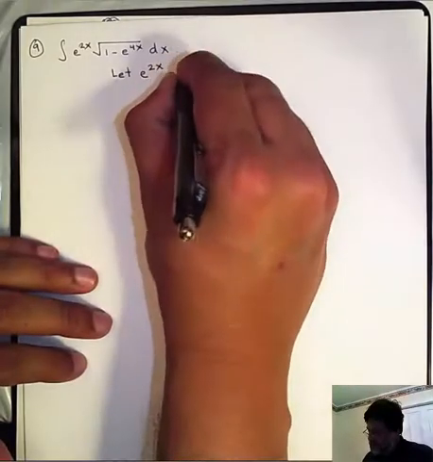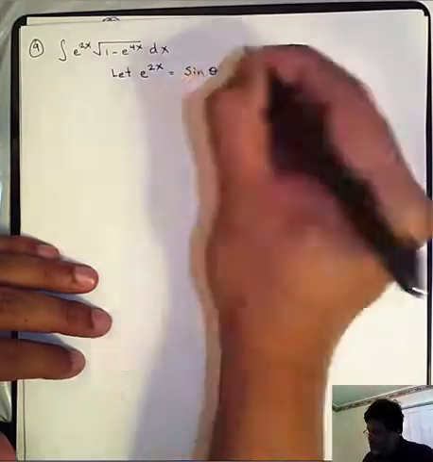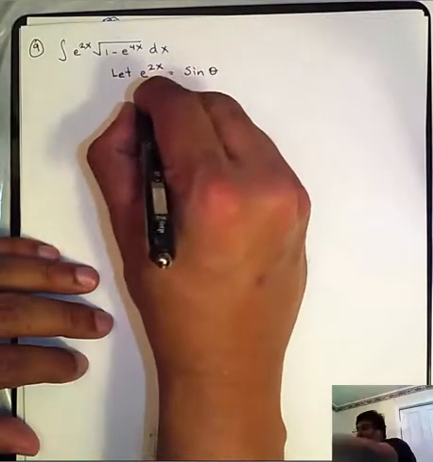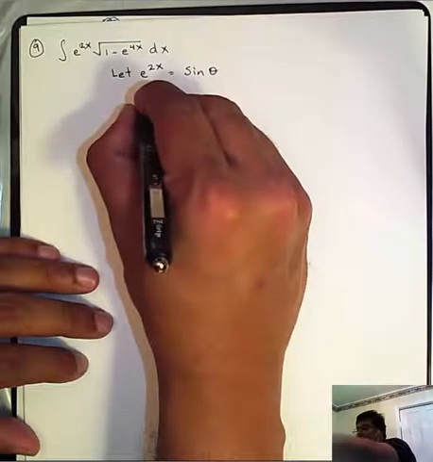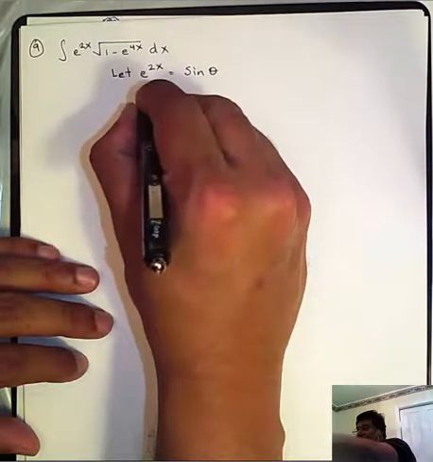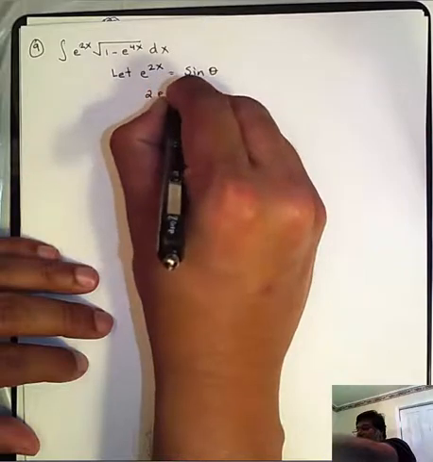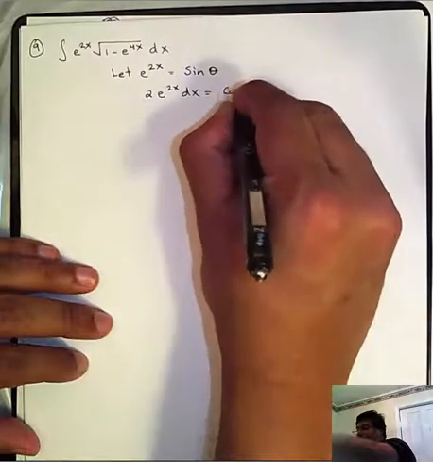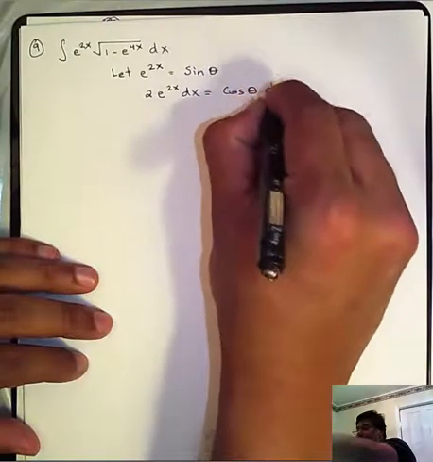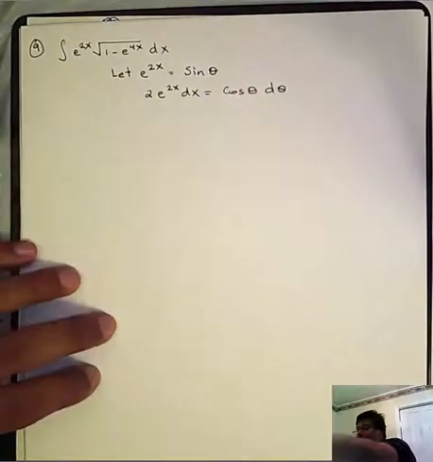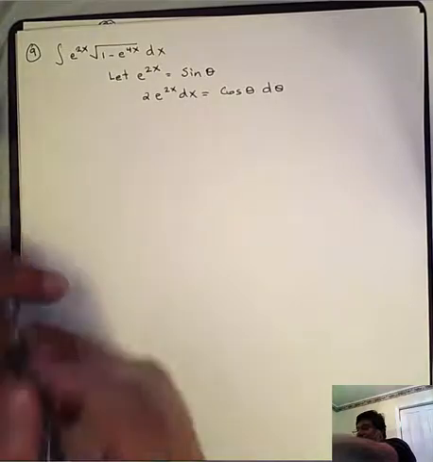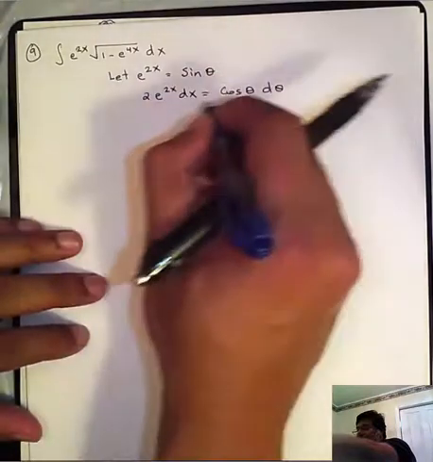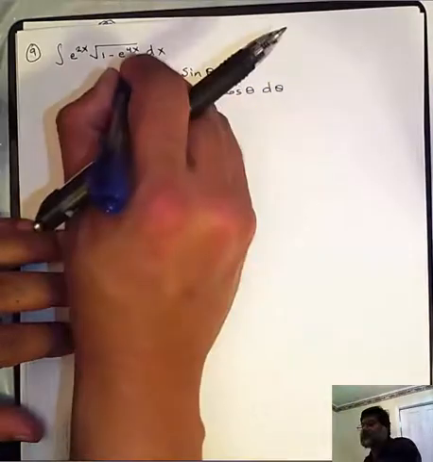Well, that would be sine theta. And then take the derivative of this. What do we get? 2 e to the 2x dx is cosine theta d theta. Okay. So now we can look over here and see that we have this here and here.